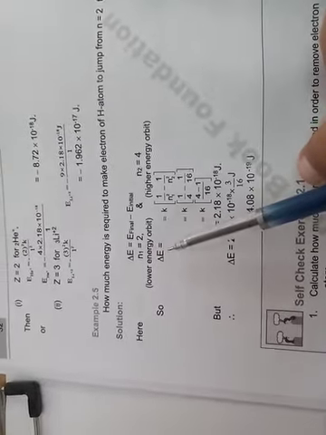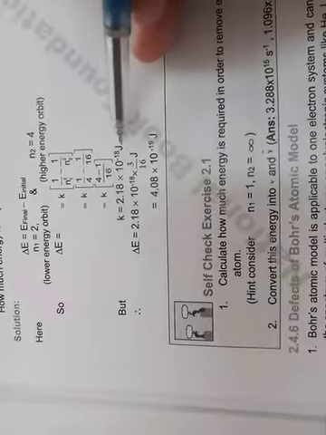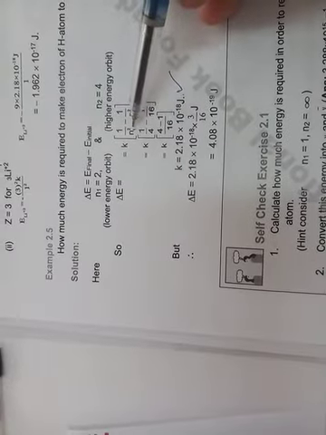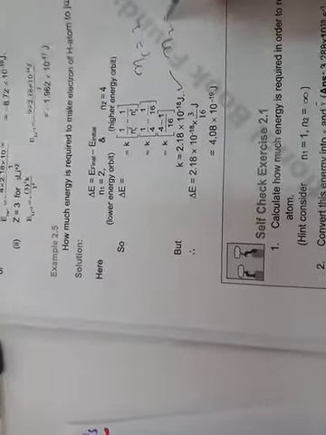So we have the equation del E is equal to K, and remember that here K is 2.18 into 10 to the power minus 18 joule. That is the same value which we derived for the difference of energy between orbits, into 1 by n1 square minus 1 by n2 square. n1 is the ground state or low energy state, n2 is the high energy state. Here n1 is equal to 2 and n2 is equal to 4.